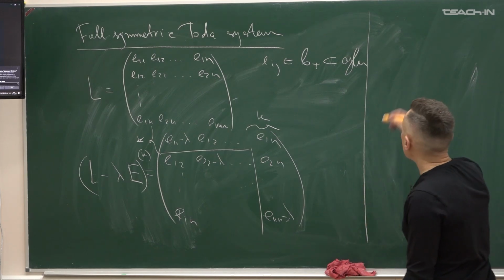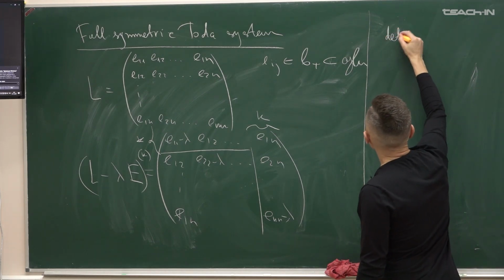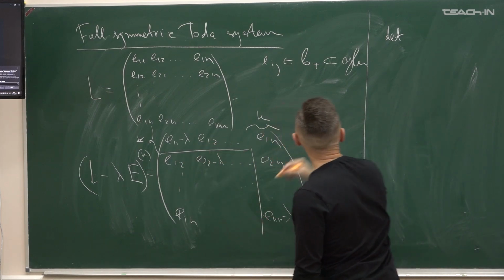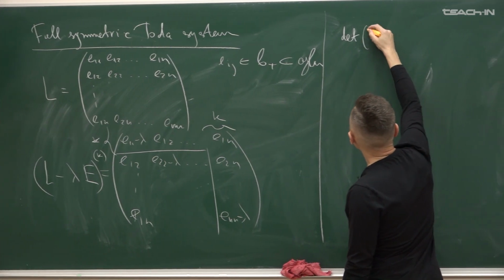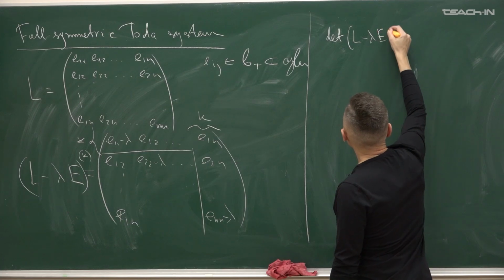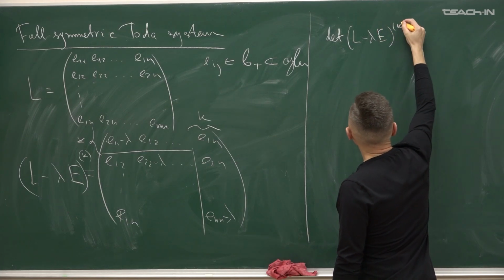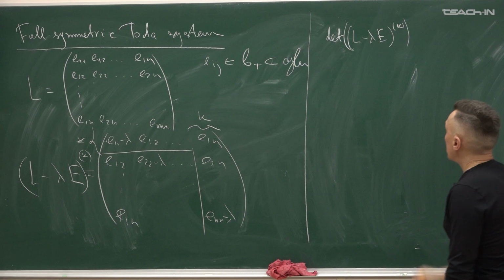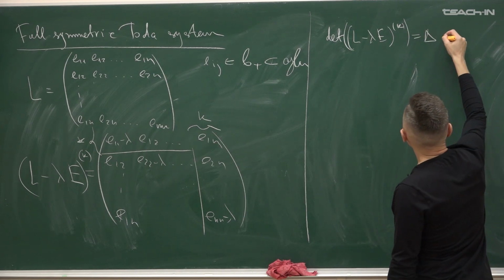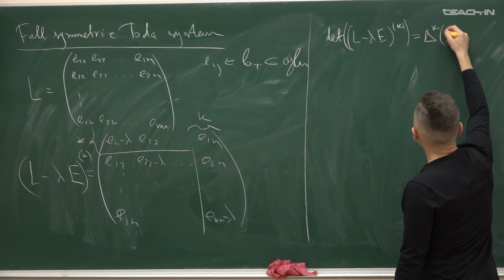Starting from this, we consider the determinant of this submatrix, the determinant of L minus lambda E cut by k. We'll denote it as delta k of lambda.